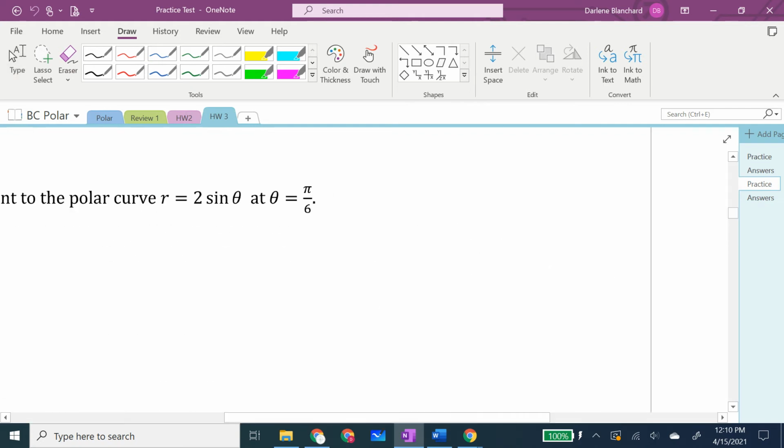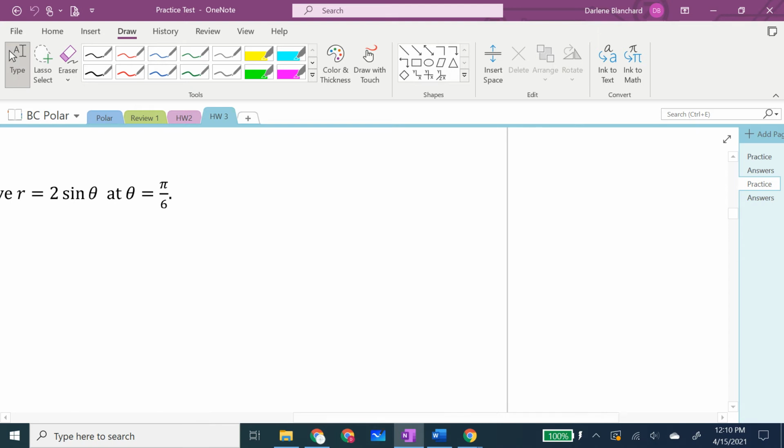So what if this was what we were given and you were just asked to find the slope of that curve at that angle? So what you need to do is start with what y is equal to and x is equal to as a formula.